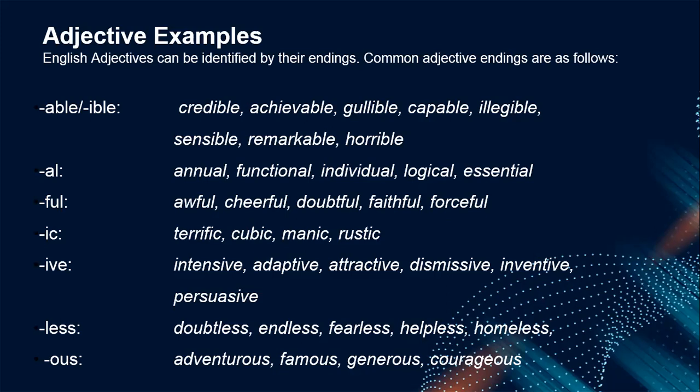For example, credible, achievable, annual, functional, cheerful, terrific, cubic, manic, rustic, intensive, adaptive, attractive, doubtless, adventurous, famous, generous. I have shown these because you must understand how to identify adjectives in a sentence, because most students are always confused in identifying adverbs and adjectives.